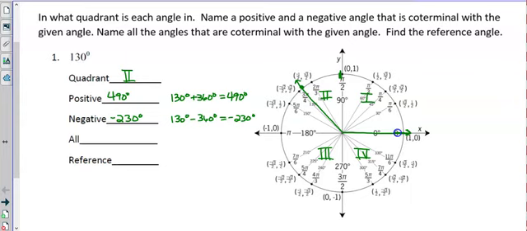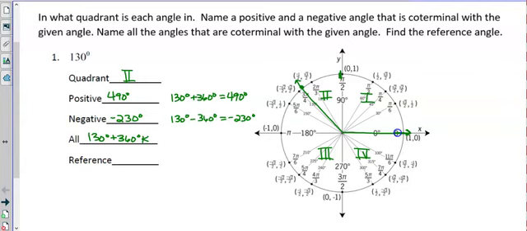For positive ones, you can keep adding 360 to get to a new coterminal angle. For negatives, you could keep subtracting until you get to another one. Okay? For all coterminal angles, it's 130, which is what we're starting with, plus 360 degrees K. All right, and K stands for either positive or negative revolutions around your circle. How many times are you going to go an additional 360 degrees?